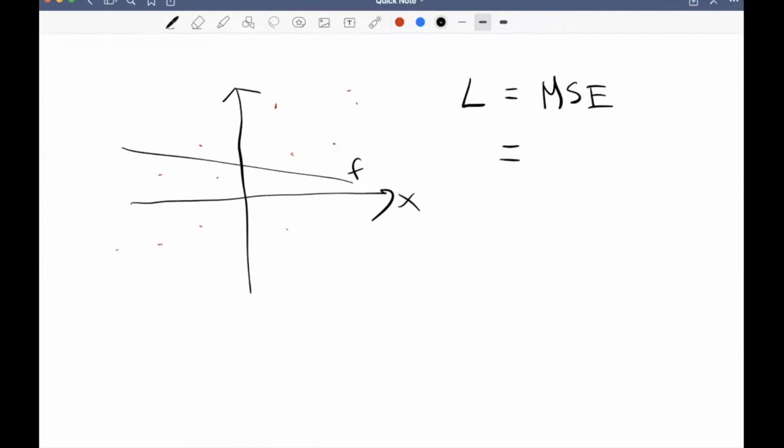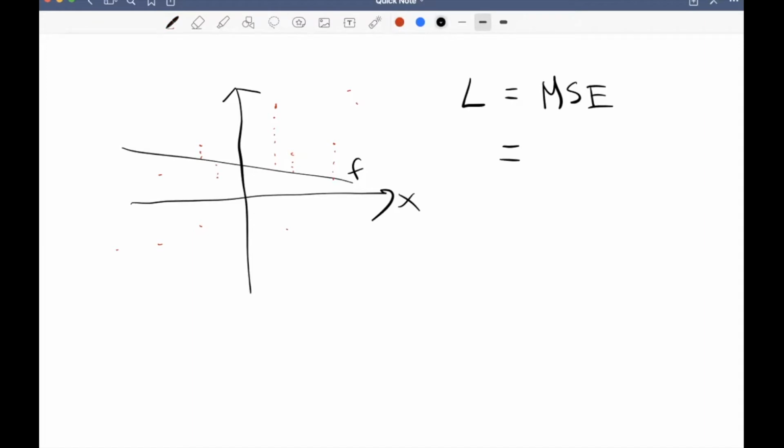Mean squared error is basically, for each data point, what is the distance between a data point and our model? You do that for all the points. You want to penalize for large distances.